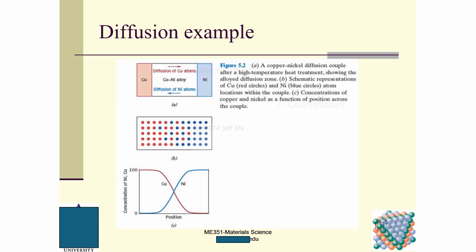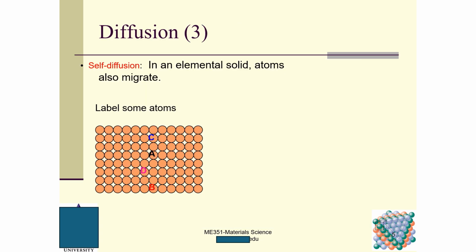After some time, we can see clearly that in the middle region we have both copper atoms and nickel atoms. Here is the concentration profile, very similar to the one shown in the previous slide, for copper and nickel. Questions regarding this slide? No questions.